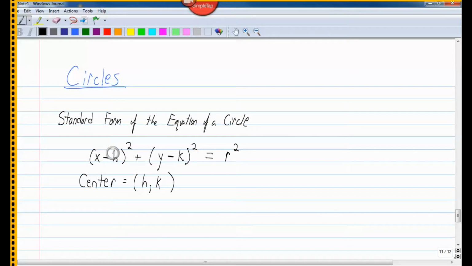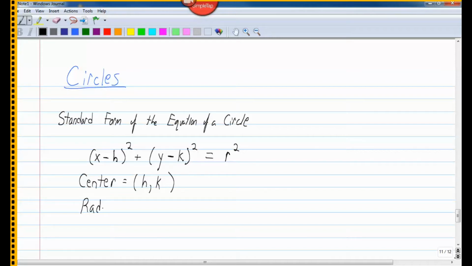So if this was a minus 2, your first coordinate would be a positive 2, because there's a minus in the formula. The second coordinate you get from this set of parentheses, and again there's a minus in front of it, so just take the opposite sign. So if this is a plus 4, then the k coordinate will be a minus 4. So you take the opposite sign to get those two coordinates.